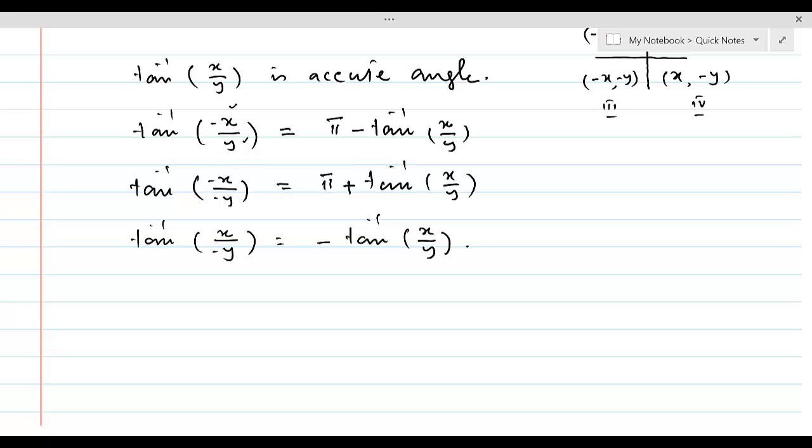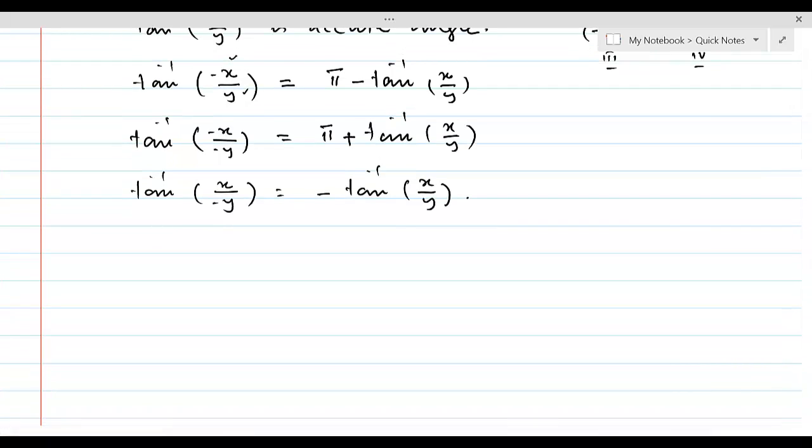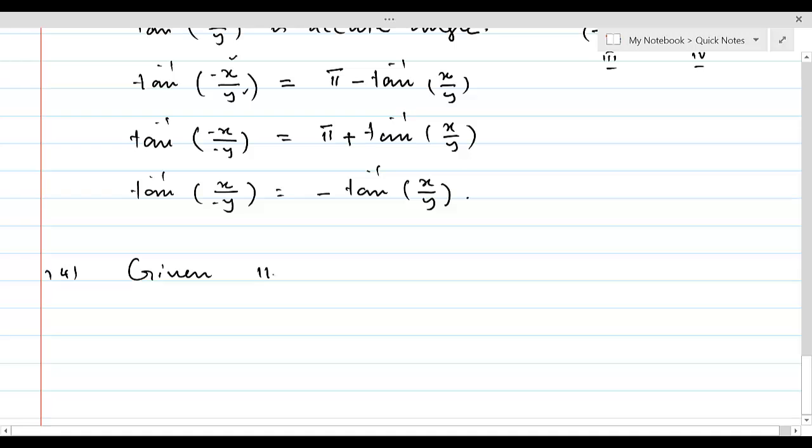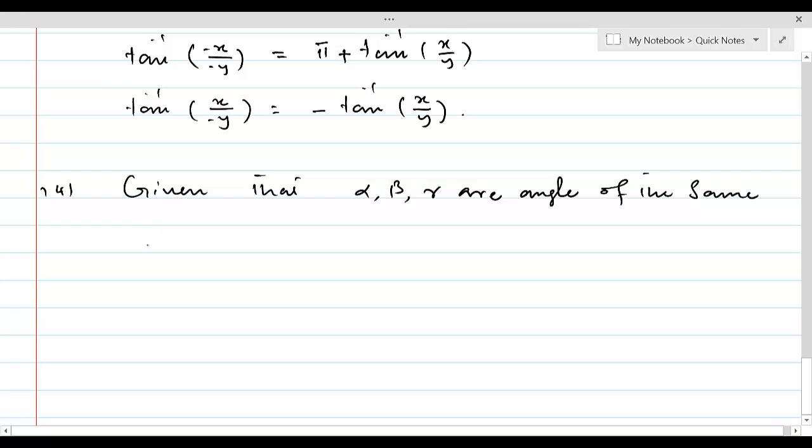And in the next question, what we need to prove is tan alpha plus tan beta. So let's get started with question number 4. Given that alpha, beta, gamma are angles of the same triangle, then the sum of the angles is equal to 180 degrees.